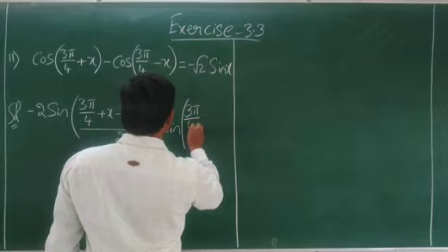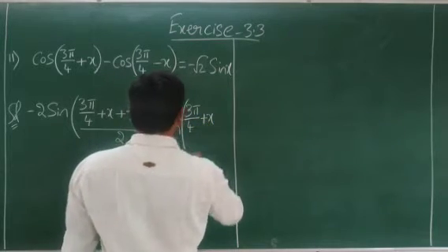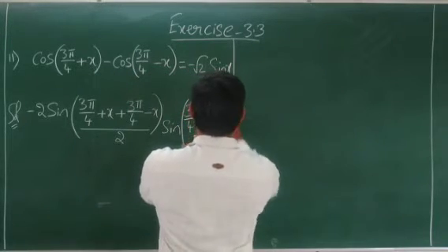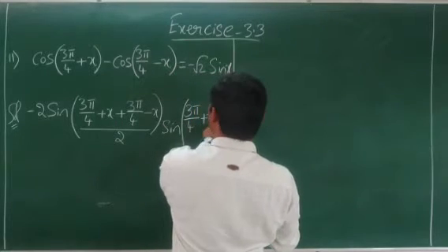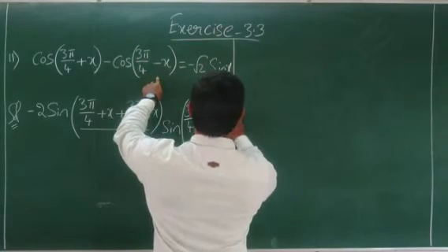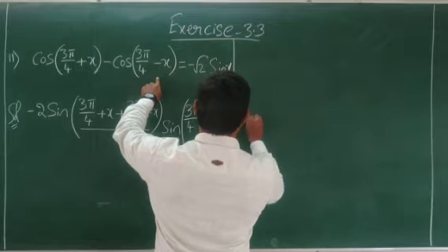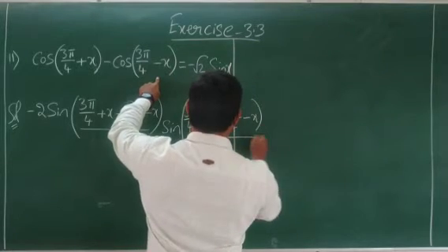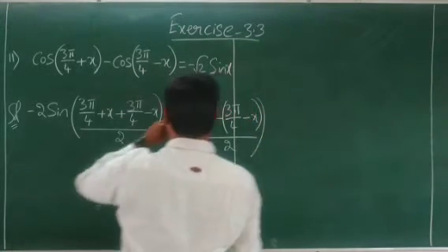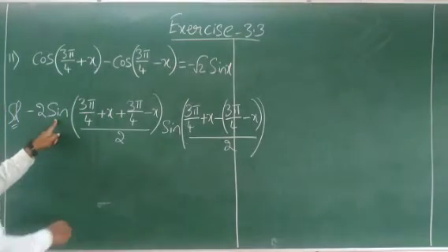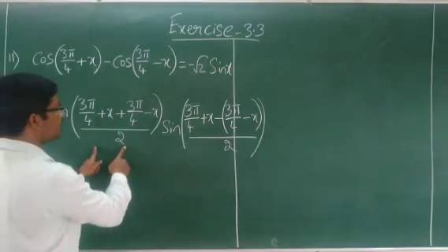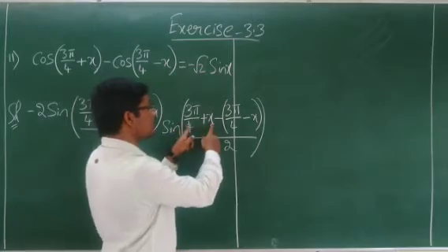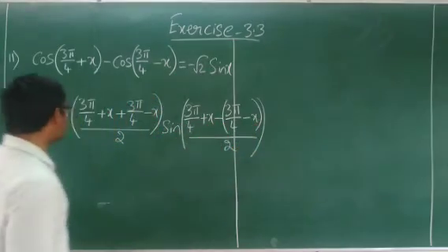Here x minus y is 3 pi by 4 plus x minus 3 pi by 4 plus x.